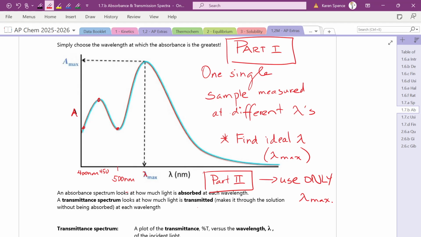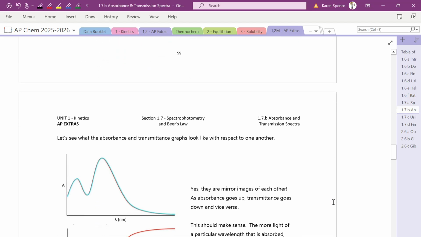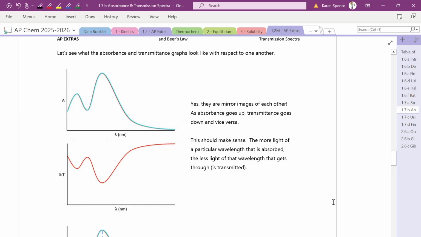Now, just because we can, we're going to look at the relationship between absorbance and transmittance. The picture on the next page is better because it shows that the absorbance and the percent transmittance are actually mirror images of one another.